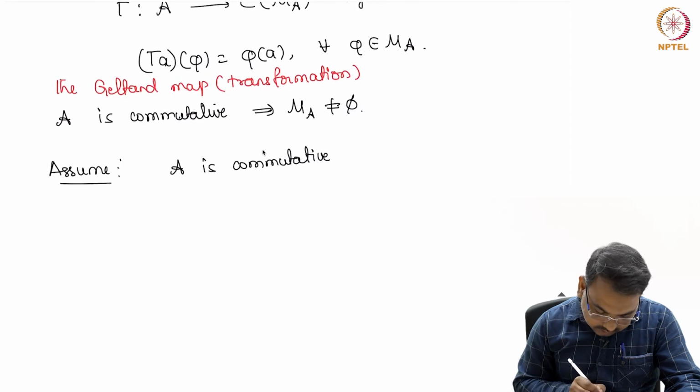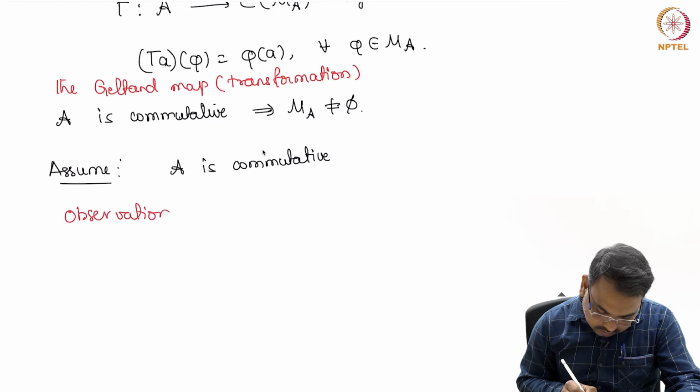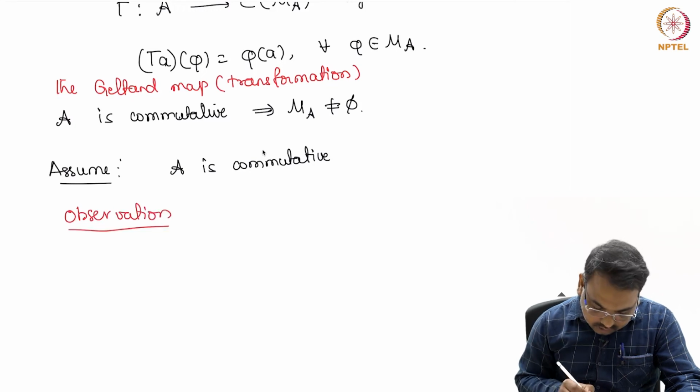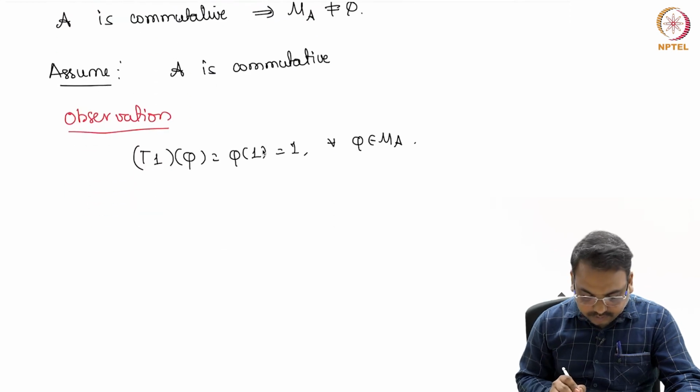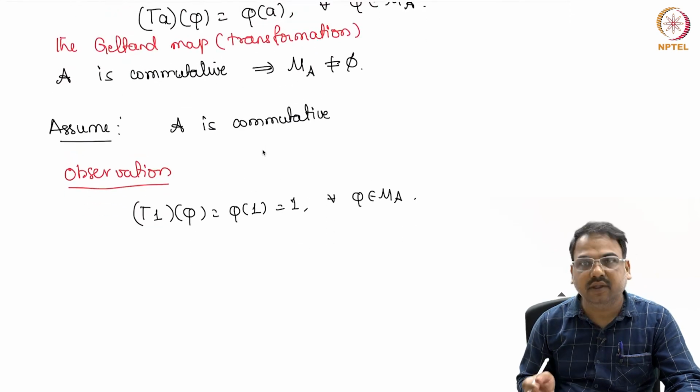So one easy observation is that gamma_1 at phi is nothing but phi of 1. This is 1 for all phi in M_A. So it sends 1 into the constant function 1.